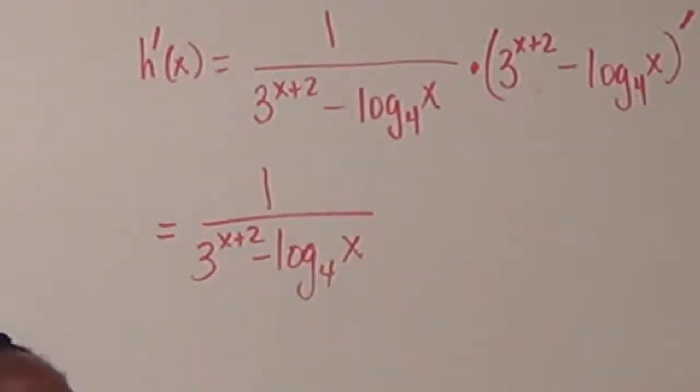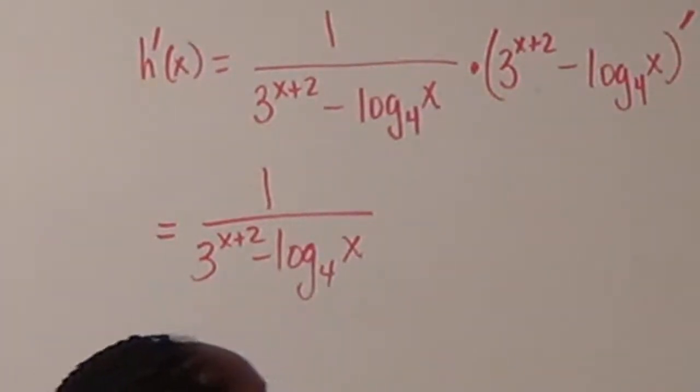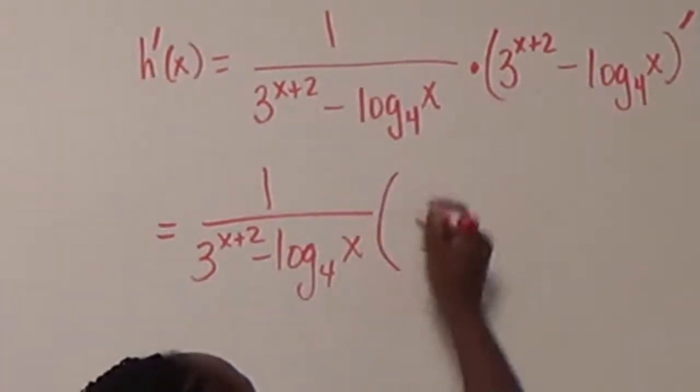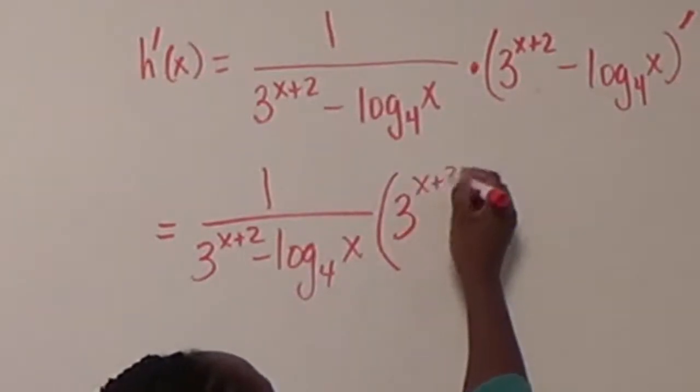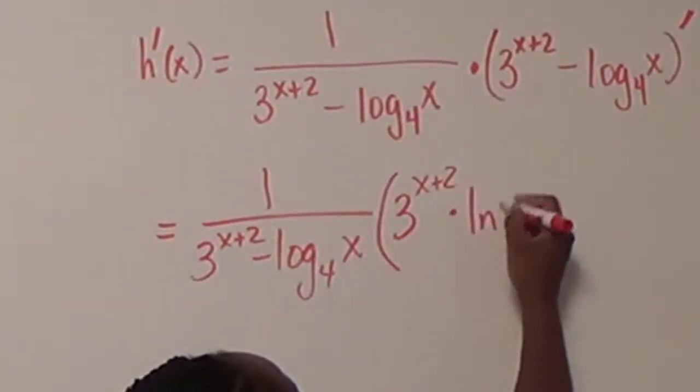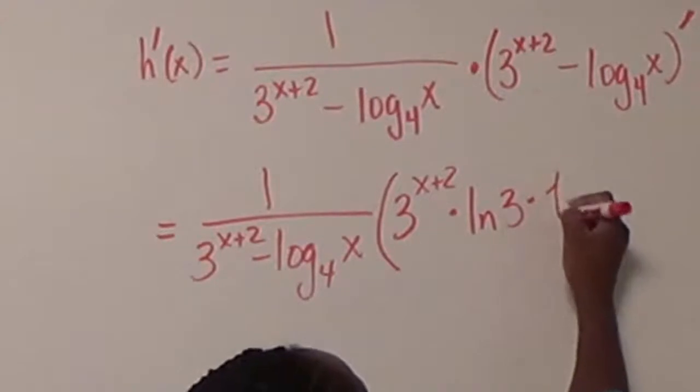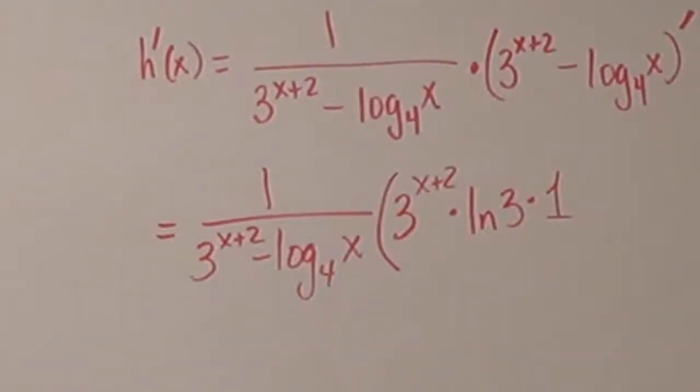Taking the derivative of the inside piece, again, we're going to apply both our exponential and logarithmic properties. So 3 to the x plus 2 times the natural log of 3 times the derivative of the exponent.